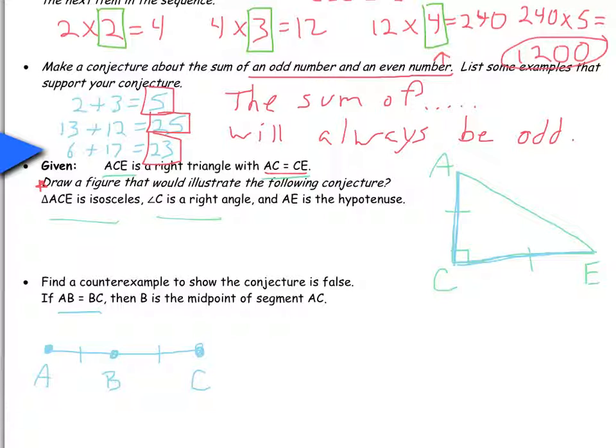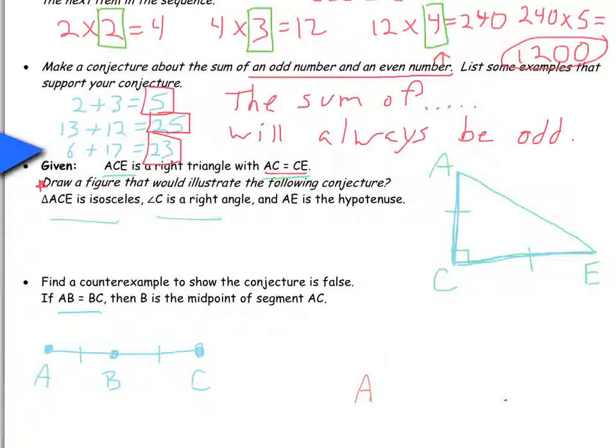If we look at an example like our triangle, we can see this is A, this is B, and this is C. Actually, no, I take that back. Let me erase that. AB is equal to BC.